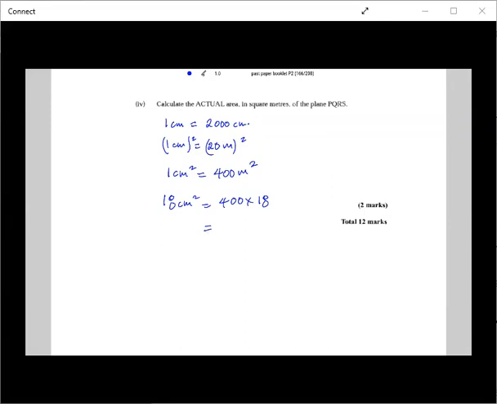And this comes out to be 7,200 square meters. So the actual area of PQRS is equal to 7,200 square meters.